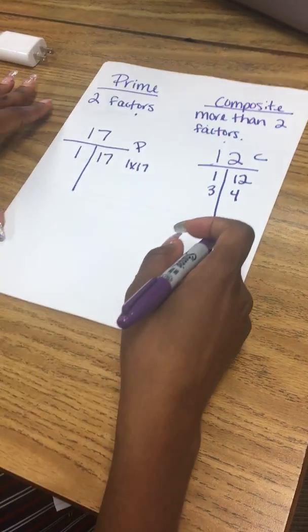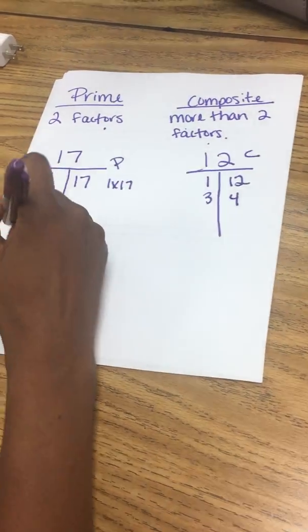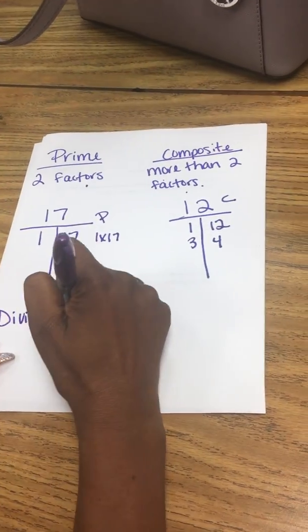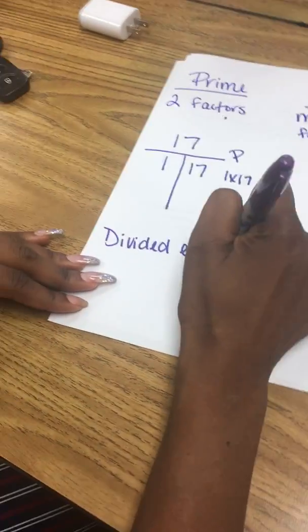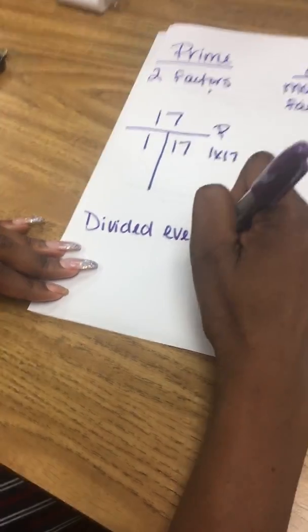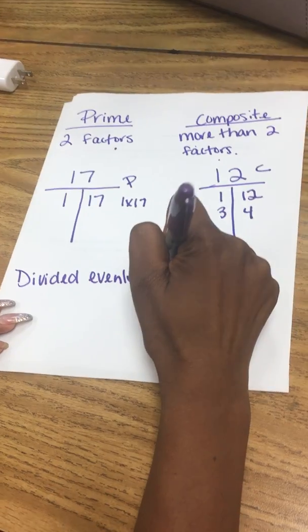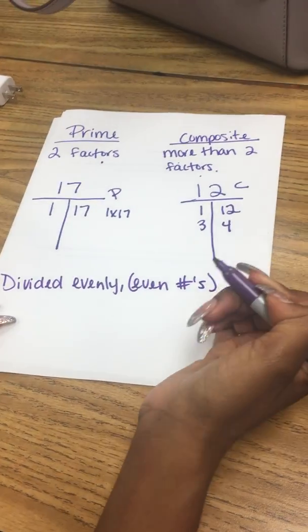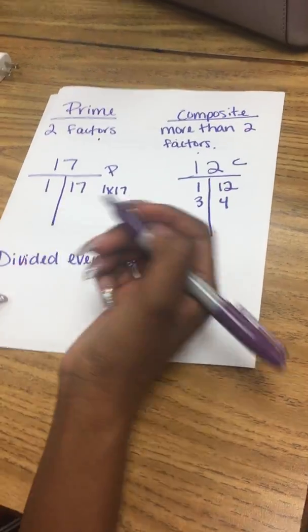So that's just a basic understanding of the difference between prime and composite, okay? One of the things you need to know about composite numbers is that many of them are even numbers.